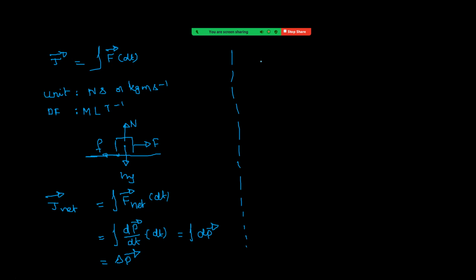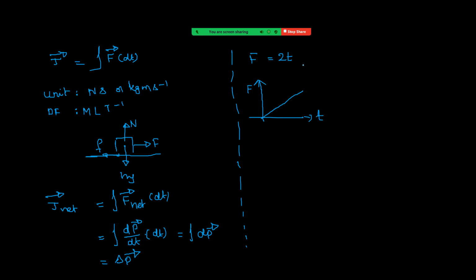For example, let us say force is given as F equal to 2t. So if I am plotting a graph, it is passing through the origin. The graph is like this. This is force and this is time.